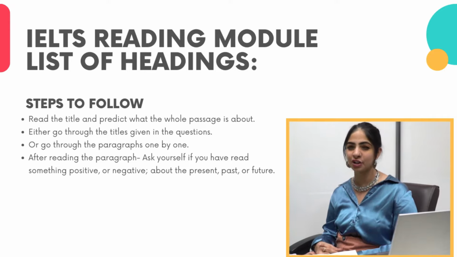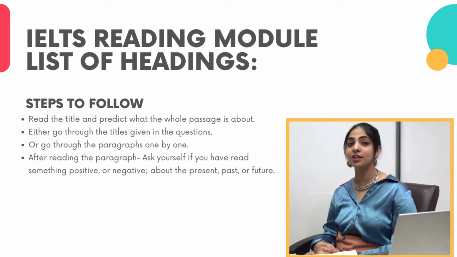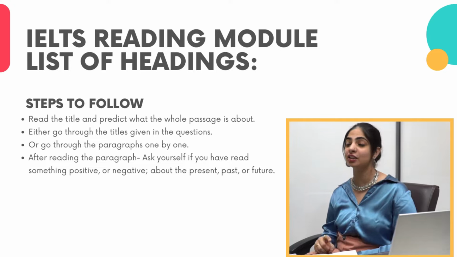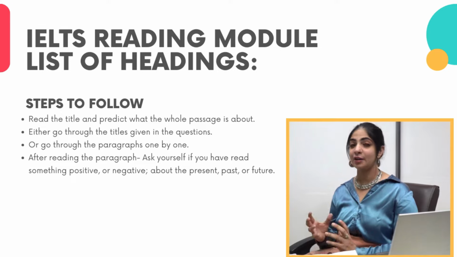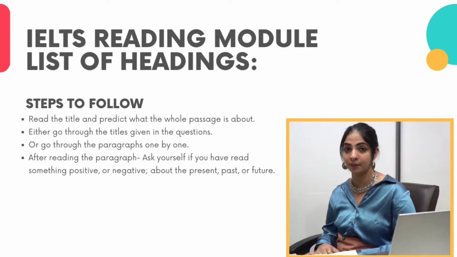But how to manage time in these types of questions? Well, whenever you solve list of headings, you only solve list of headings and will not pick any other type of questions along with it. For example, if in a passage they have given you multiple types of questions, firstly list of headings and then blanks, you will not solve blanks along with list of headings.